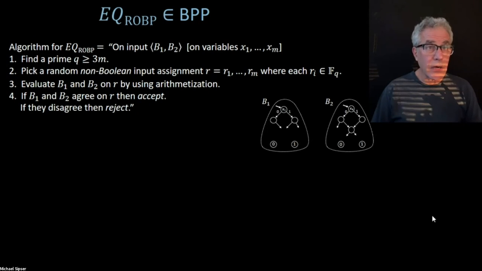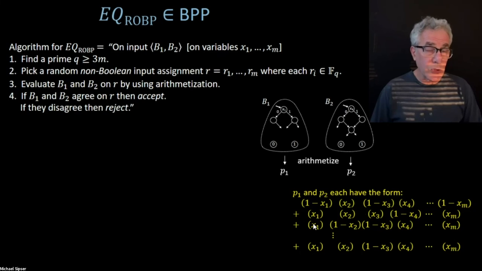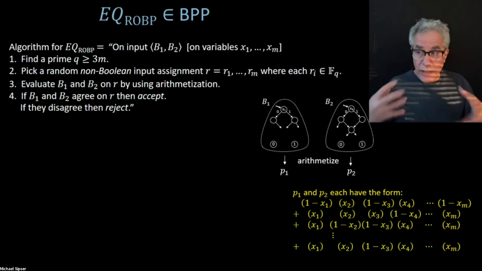Now we have to argue that this works. First of all, we arithmetize these two branching programs. When you get the two polynomials, they each have the form that I described, a bunch of rows that correspond to the truth tables of those two respective branching programs.